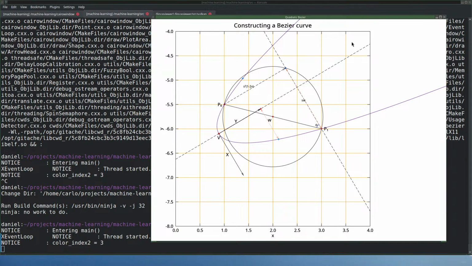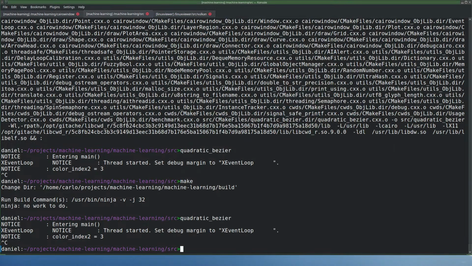I think theta is this angle, which ain't nice. To get that right, I should probably swap the y coordinates of P0 and P1 again.